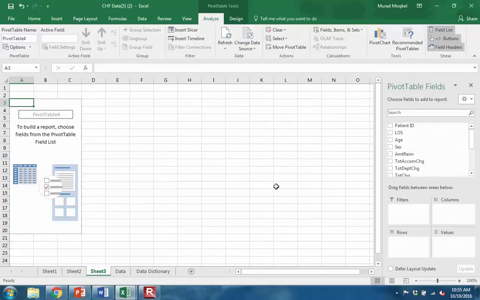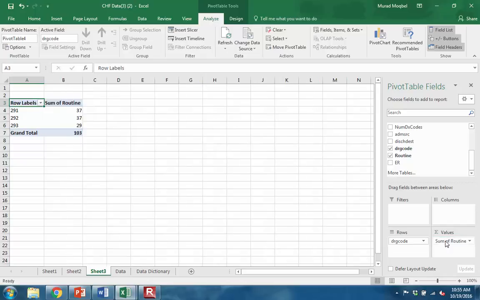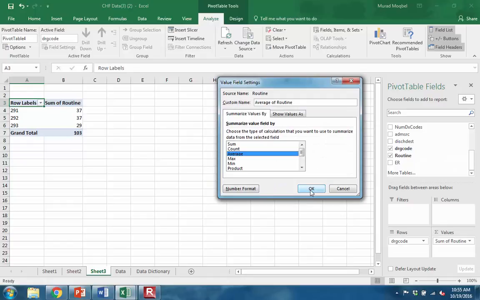I'll put DRG code in the rows, and then the routine, I'll put it in the values. This is a different way to do it, and then I will just say average, because I already coded it as binary 0 and 1.